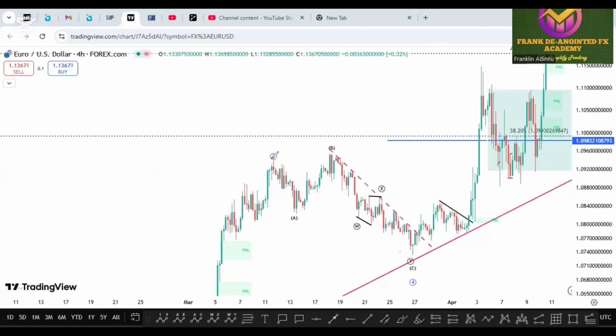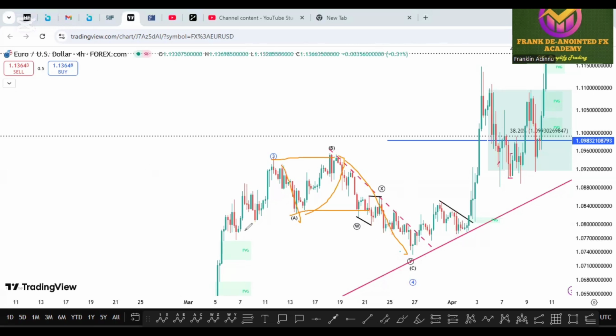You can see that. Another regular flat pattern. Can you see that, guys? Another regular pattern. This is A, this is B, and this is C. So this is a regular flat pattern. You can see this scenario now. The wave C is even deeper. Can you see that? It's a very deep wave C.